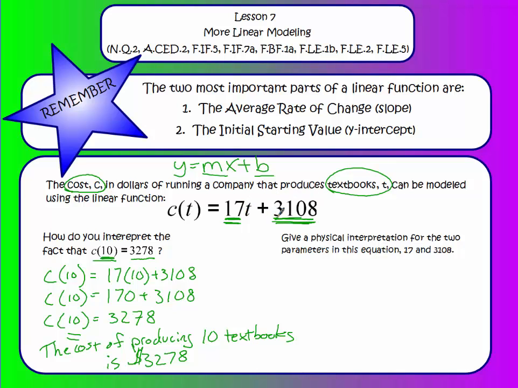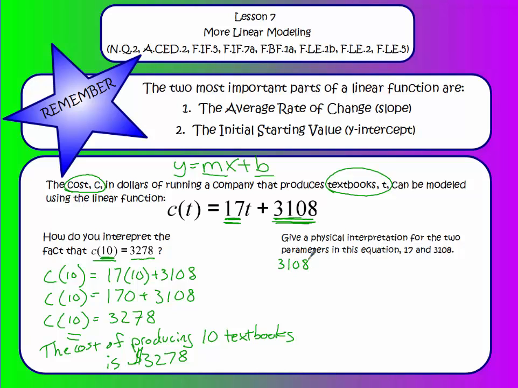So the starting value, when x is 0, y is 3,108. This is the y-intercept. So it means the daily cost of my company is going to be $3,108. I have to pay employees and rent and electricity and all that stuff, and it's going to cost me that much.